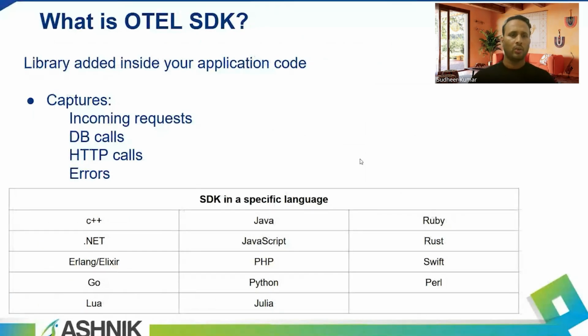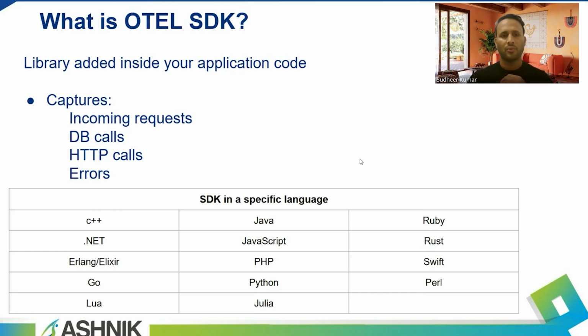What is the Otel SDK? In Otel we have different language-specific SDKs which collect the metrics, traces and logs. For example, if we talk about Java, we have one jar file, or we can do manual instrumentation of the language.